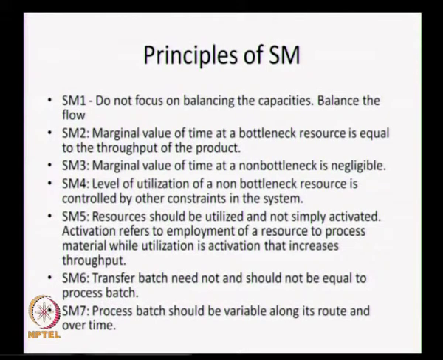Resources should be utilized and not activated. So the principle differentiates activation and utilization. Activation refers to the employment of a resource to process material, while utilization is activation that increases the throughput.